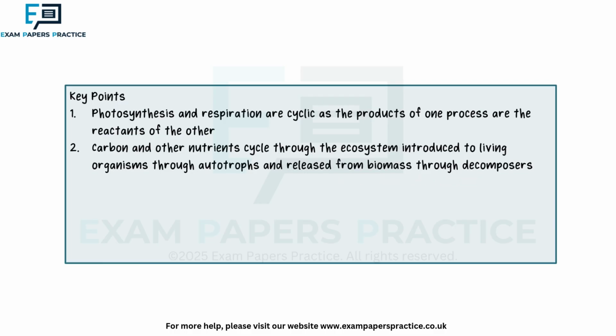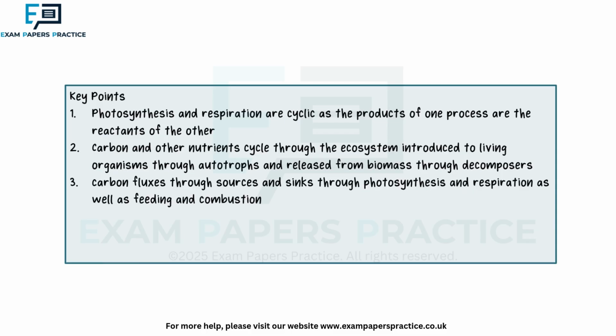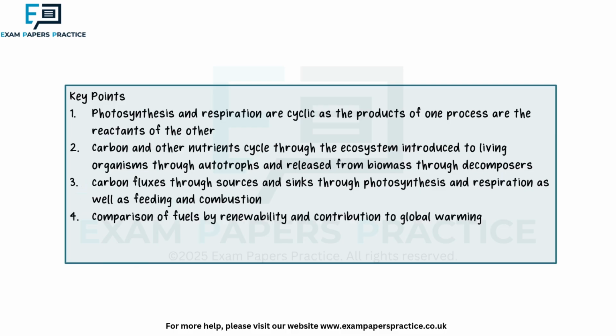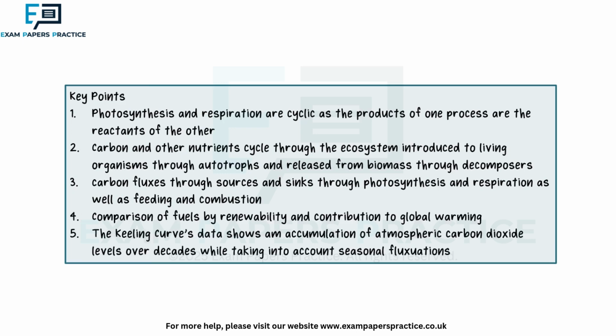We looked at how carbon fluxes through sources and sinks through photosynthesis and respiration, as well as feeding and combustion. We compared sources of fuel by their renewability and their contribution to global warming. Finally, we saw how the Keeling curve's data shows an accumulation of atmospheric carbon dioxide levels over decades, while taking into account seasonal fluctuations.